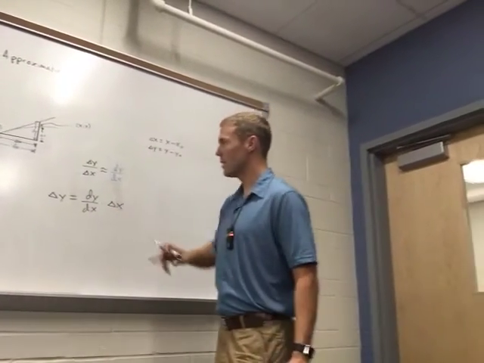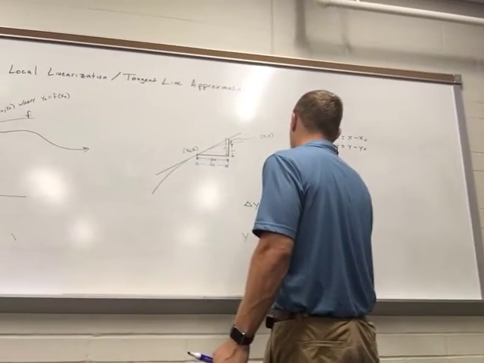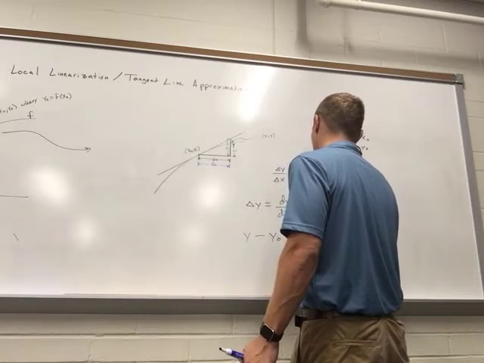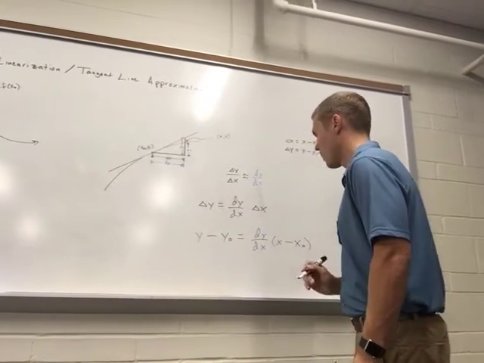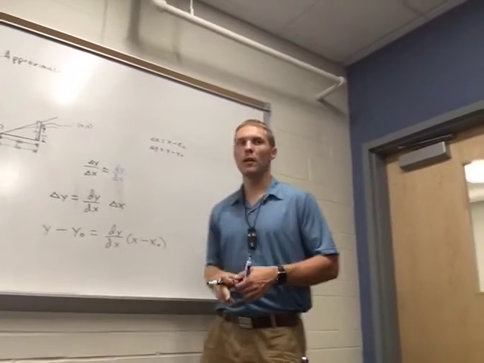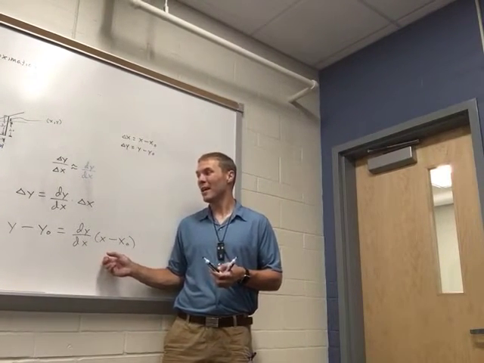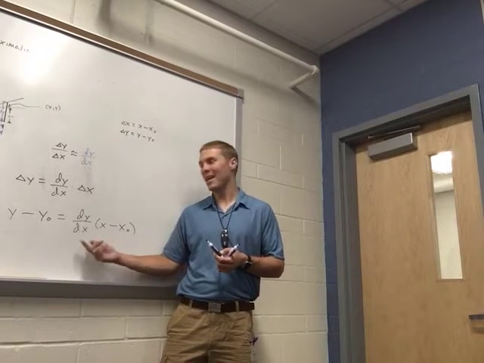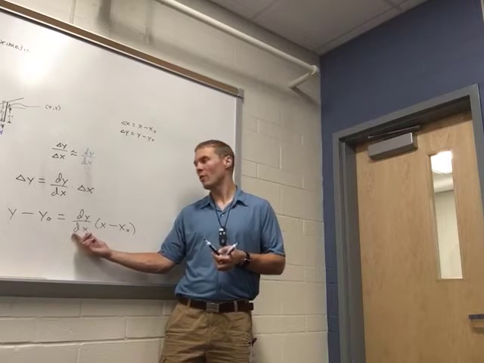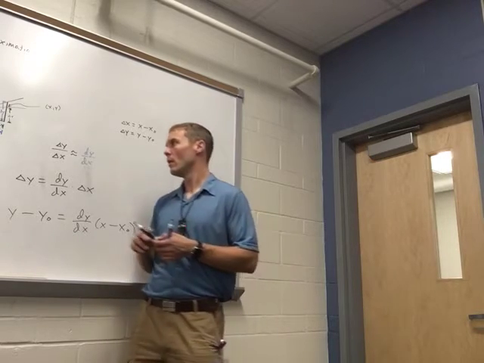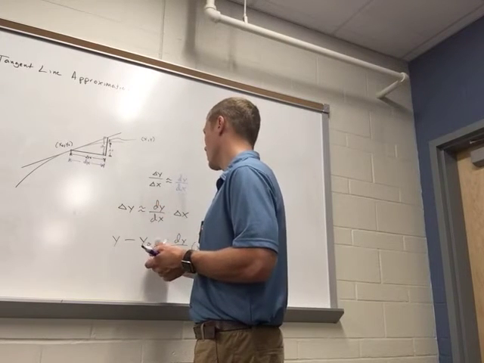Or taking these two things and putting them together, y minus y naught equals dy dx times x minus x naught. If you think back, this should look awfully familiar. This should look a lot like the point-slope formula. We had an m here before. Since it's a local change, we're going to call this now the derivative. Now, I guess I fudged this thought. These all should be approximately equal.